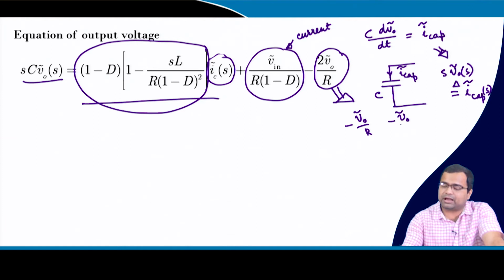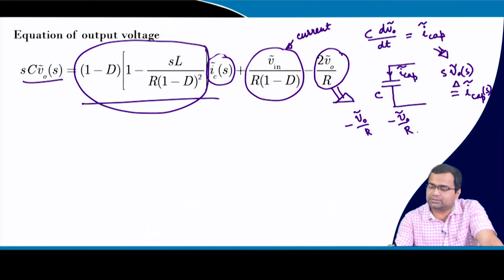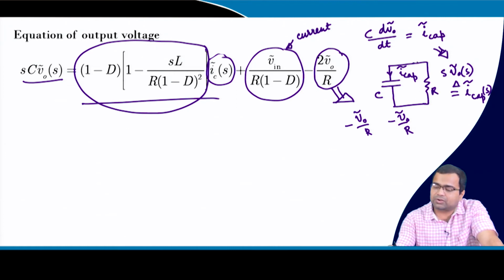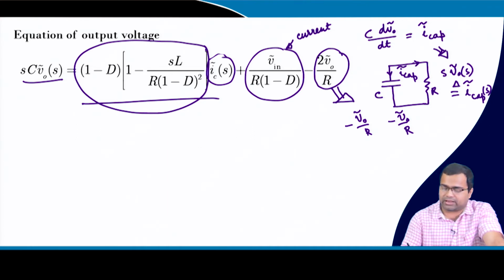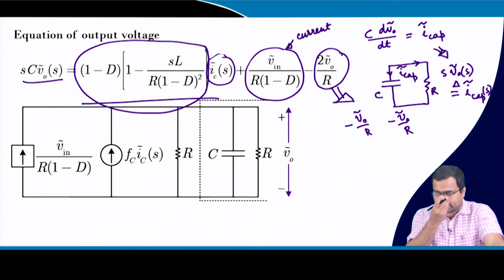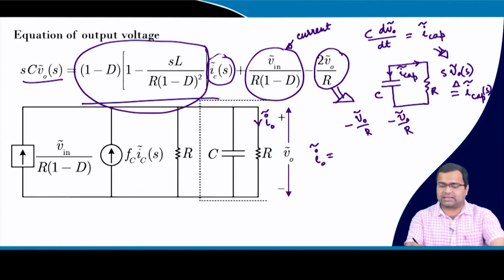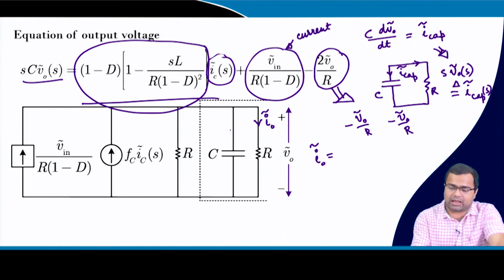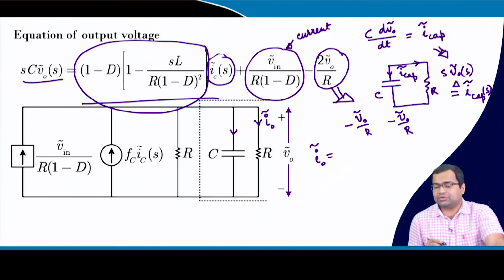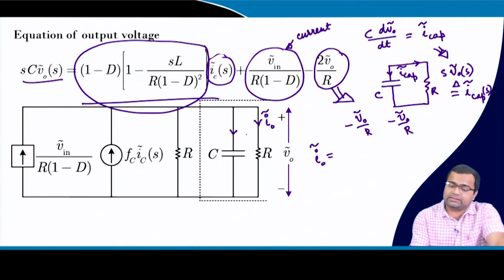Minus V_0 by R, minus V_0 by R. That means, when you take the resistance on the output side, current is going through it, right. So, I think we will draw it here. That means, if we consider this current, what is this current? If we take this to be the load current, it is going out.